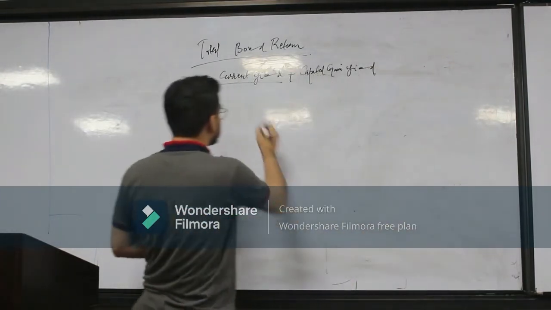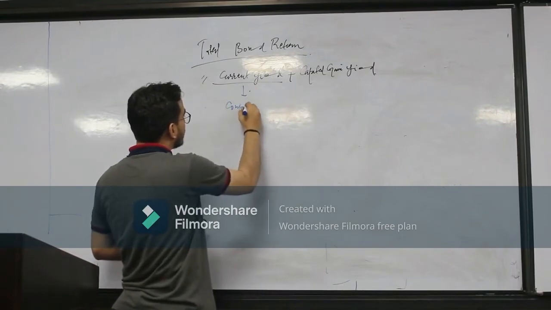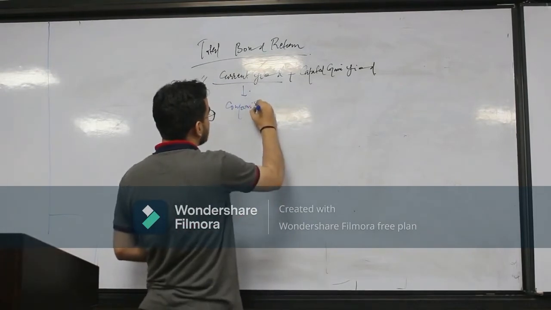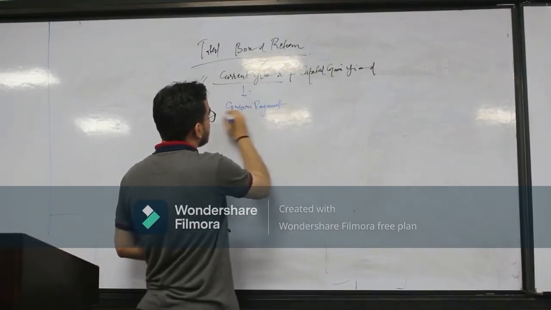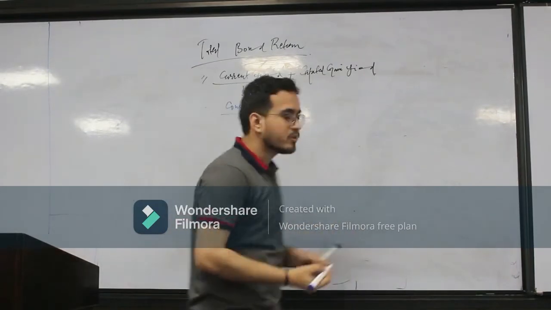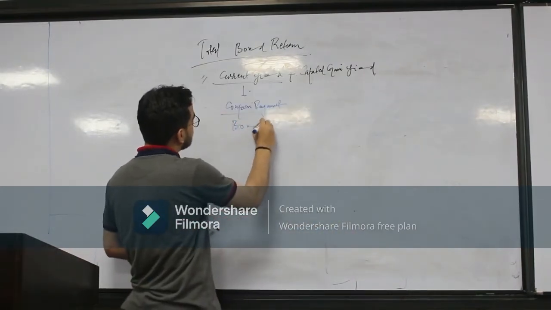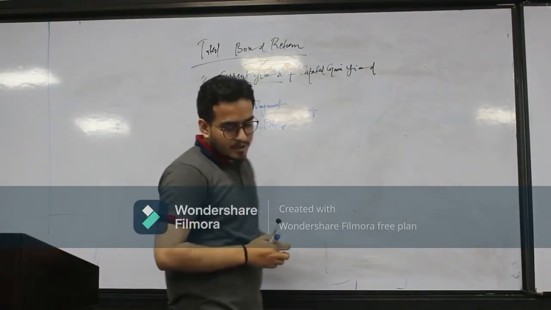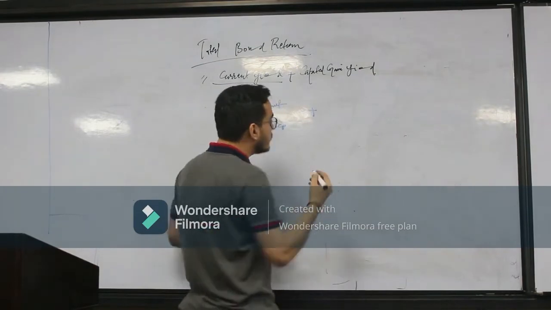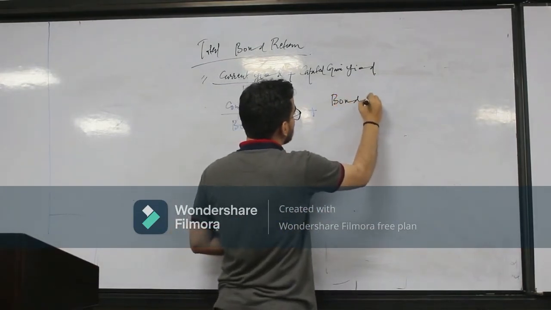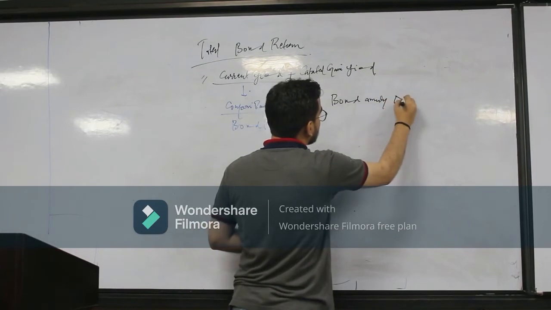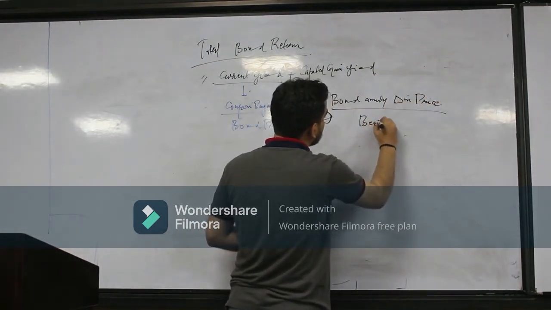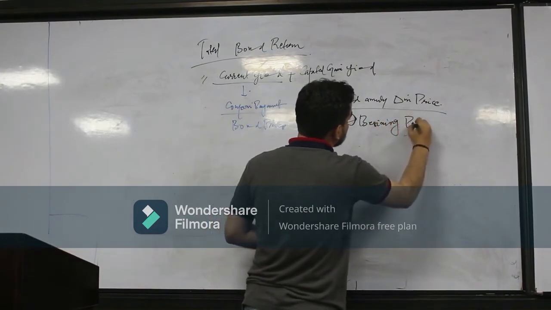Current yield is coupon payment divided by bond price. And capital gain yield is simply the bond's annual change in price divided by the beginning price of the bond.